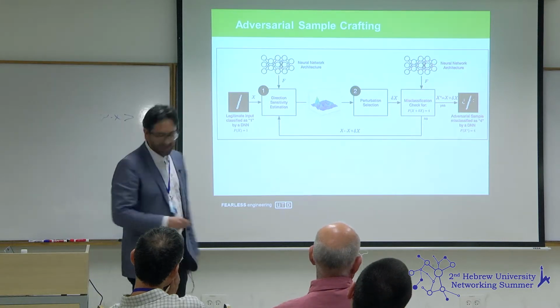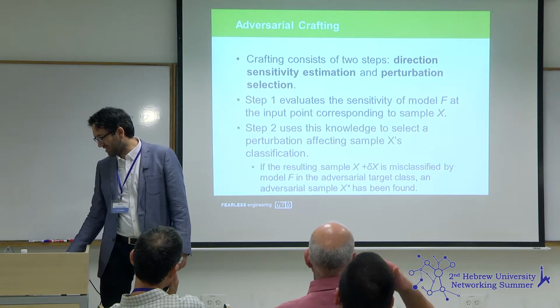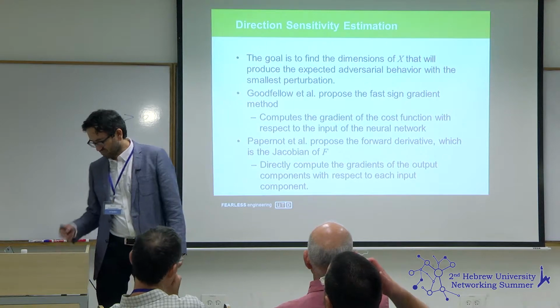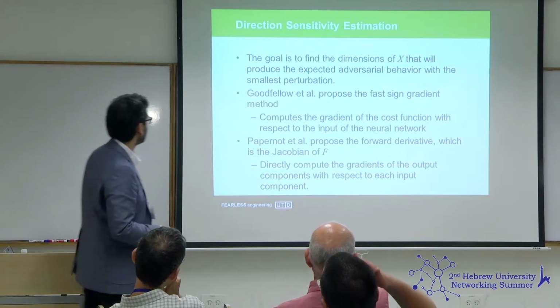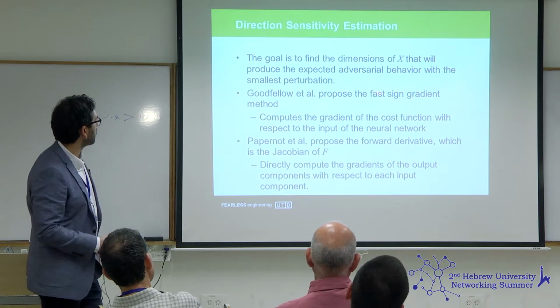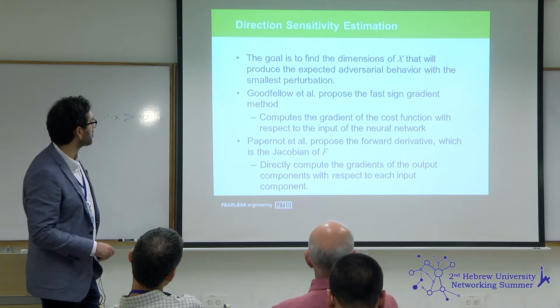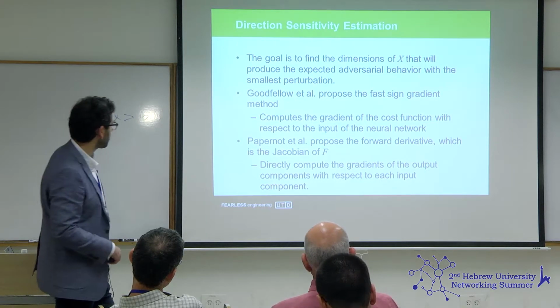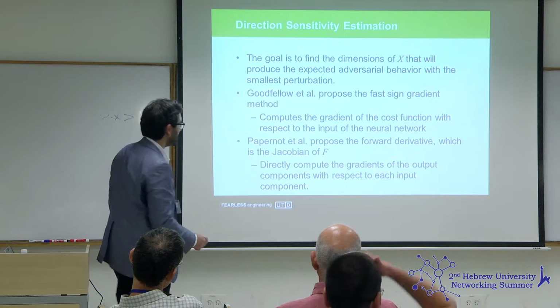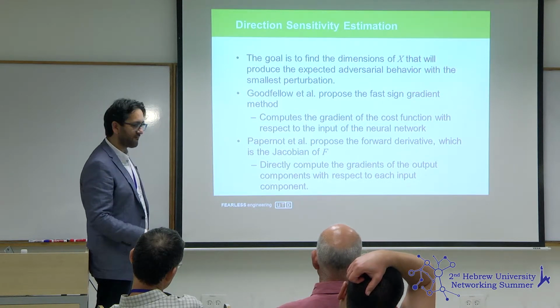And how do you find the modifications? Again, I explained it. This Goodfellow attack focuses on the fast gradient method. It computes the gradient of the cost function with respect to the neural network. There is another one that looks into the Jacobian of f.